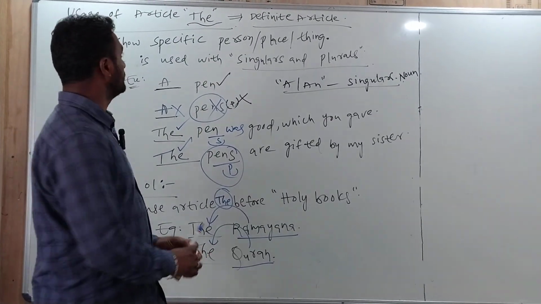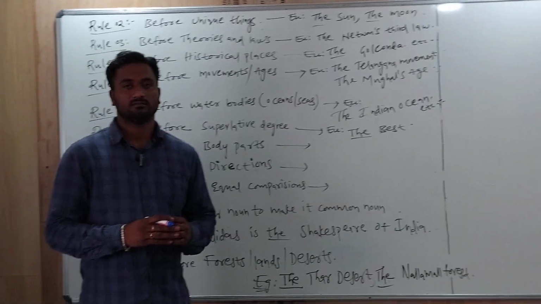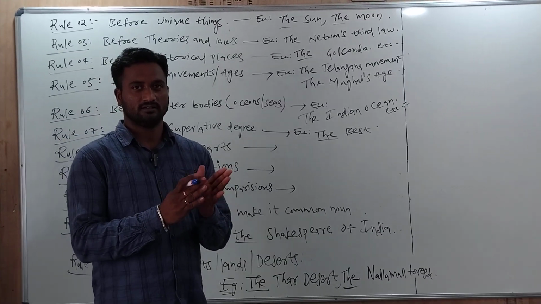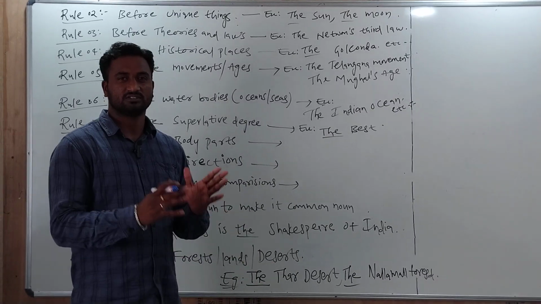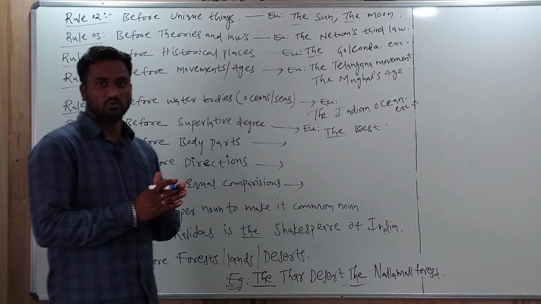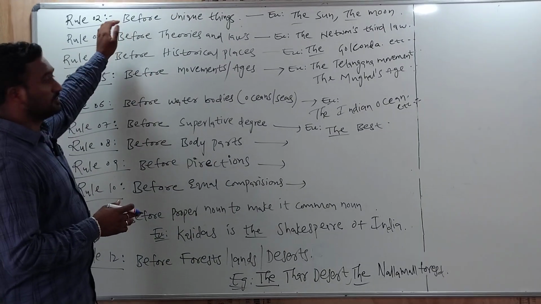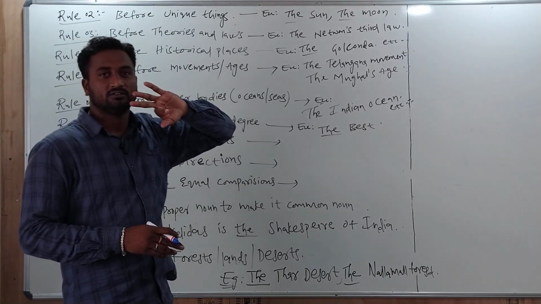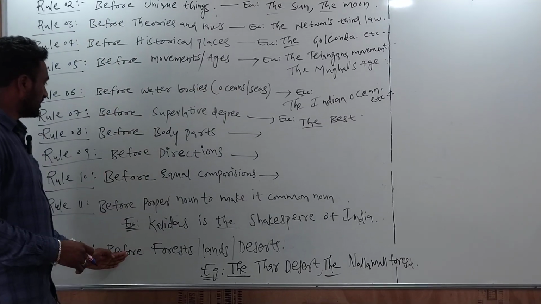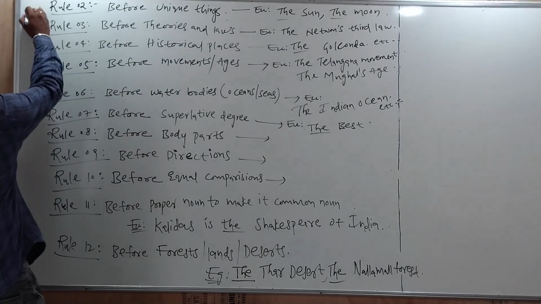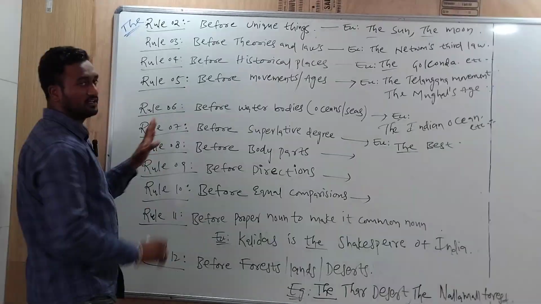Now let's learn rule number 2. As I said, there are 15 to 20 rules, so I wrote them together on the board just to save your time. Hope you understood. So now let's get into rule 2. What is rule 1? We use article the before holy books. We are learning about usage of article the only, don't get confused.